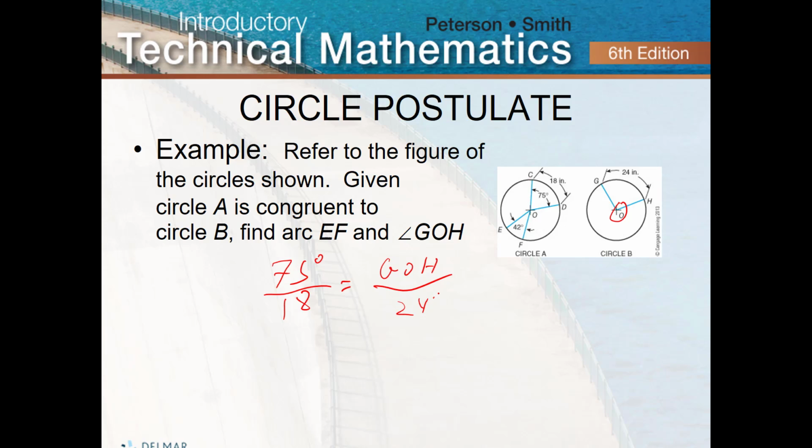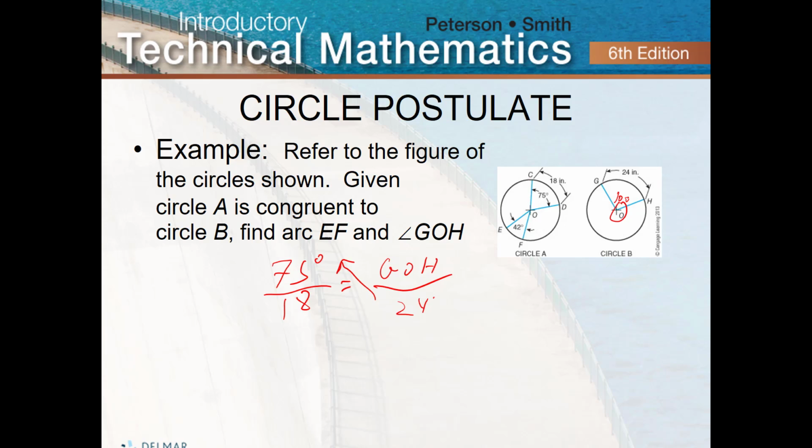So again, I'm going to bring this up: 75 times 24 divided by 18. That gives me 100 degrees.